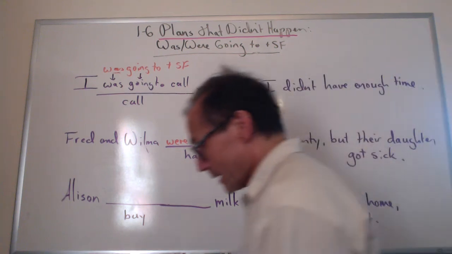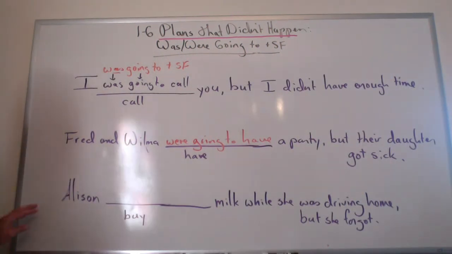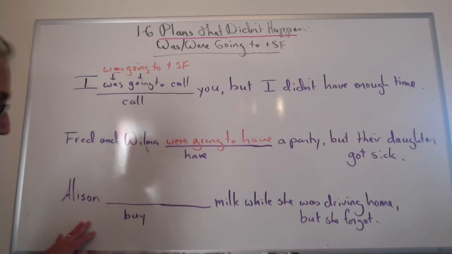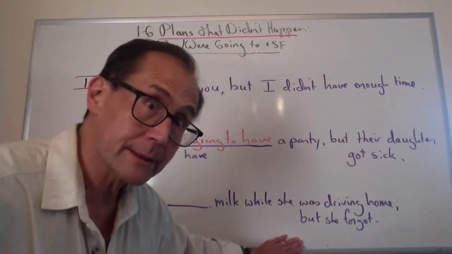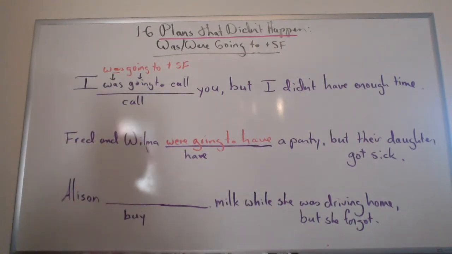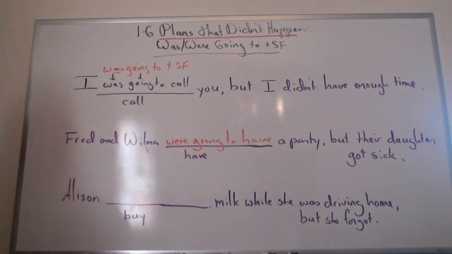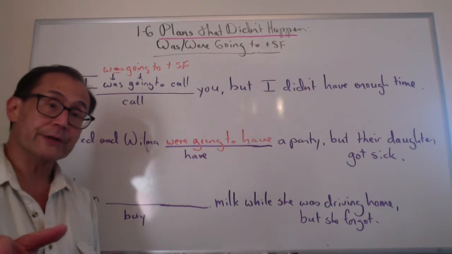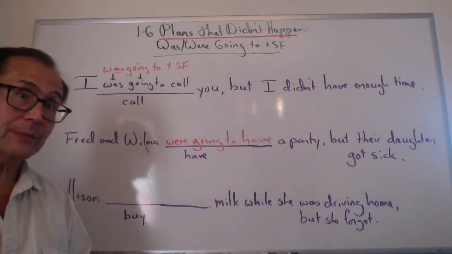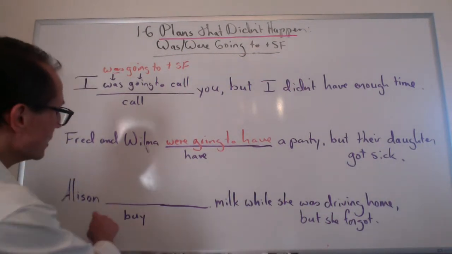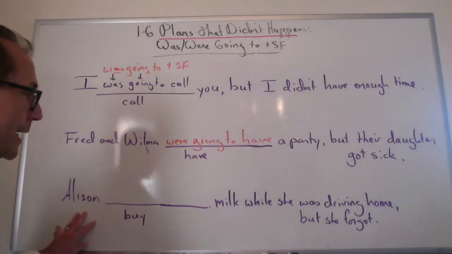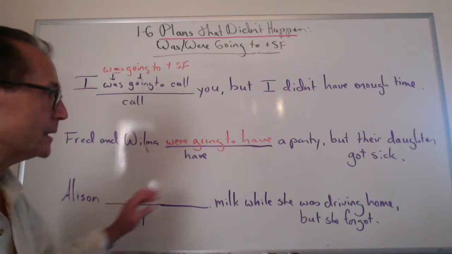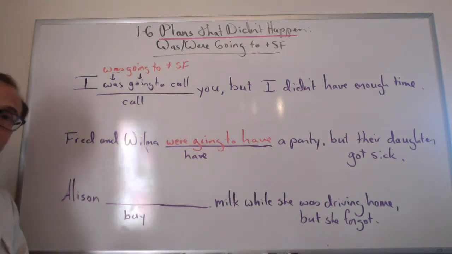Okay? And let's say that Allison had a plan to buy milk while she was driving home, but she forgot. So this was her plan, but it didn't happen. Why don't you pause the video if you need to, or if you just think really fast, maybe you don't need to, but decide what should go in here. If I want to show this was a plan in the past, or this was a plan she made, but it didn't happen. Okay?